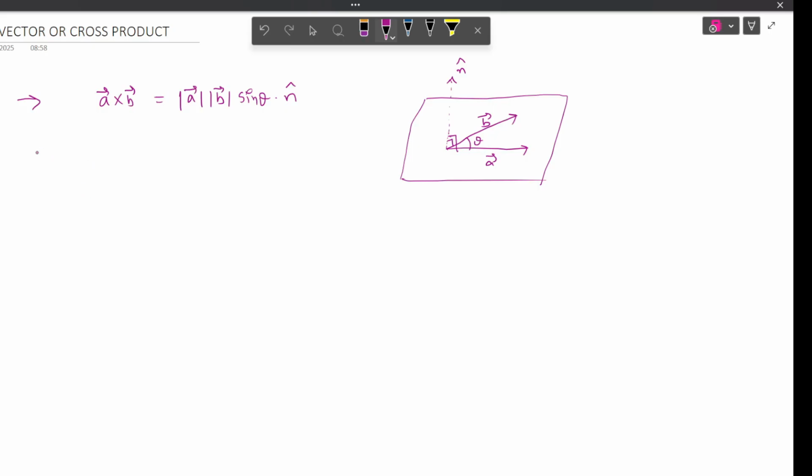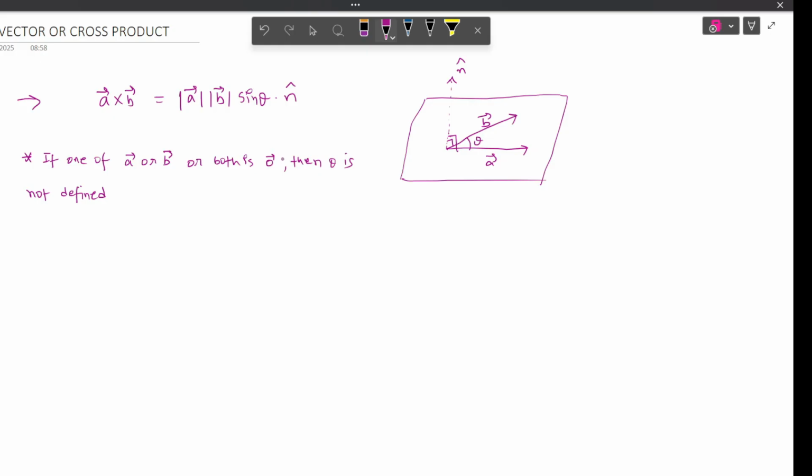Now let us see some points. If one of A or B, or both, is a 0 vector, then theta is not defined, as a 0 vector has no direction.